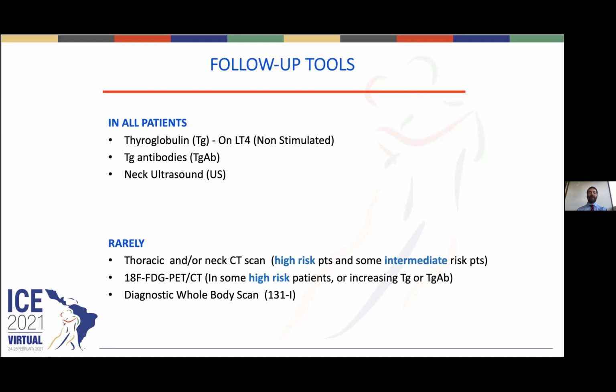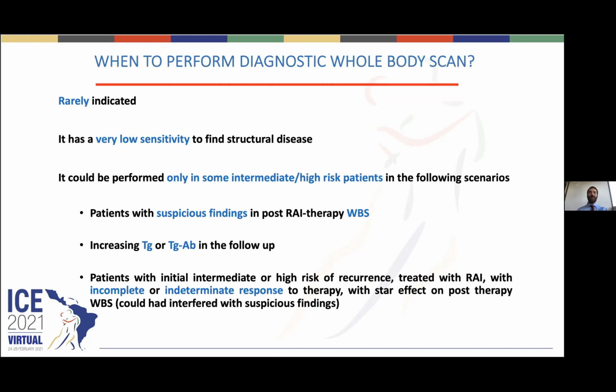Regarding the diagnostic whole body scan that used to be performed in most patients with thyroid cancer in the previous decades, we know that now they should be rarely indicated. Why? Because they have a very low sensitivity to find any structural disease.